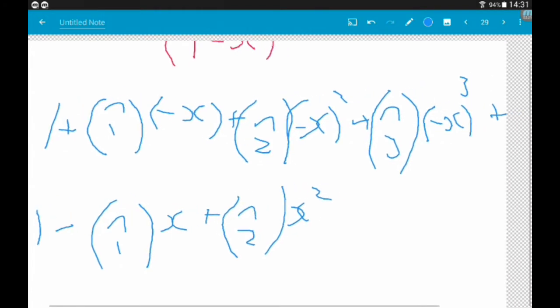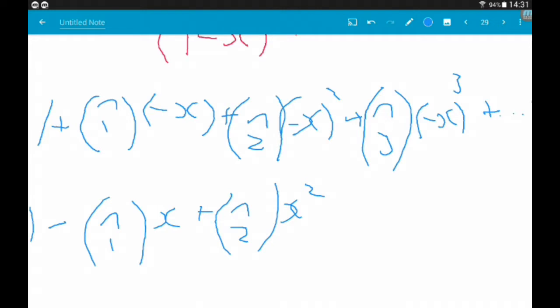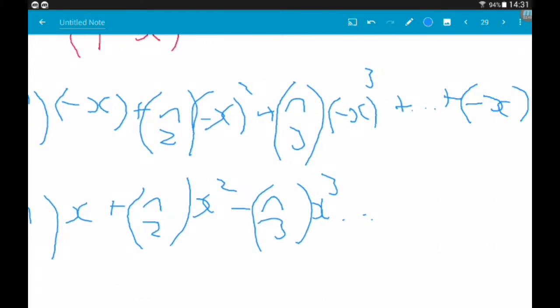And then we're going to have minus x cubed, which gives us a negative x cubed. So now we've got minus n choose 3 x cubed, dot, dot, dot, all the way up to minus x all to the power of n.